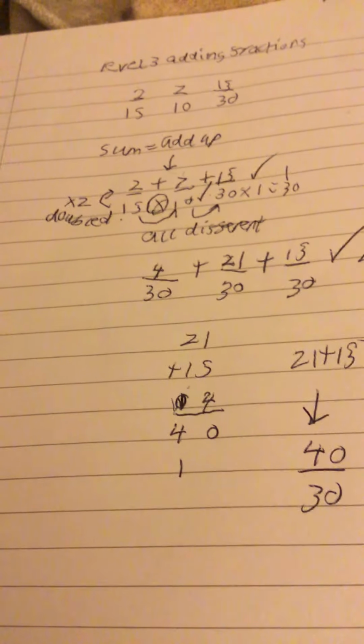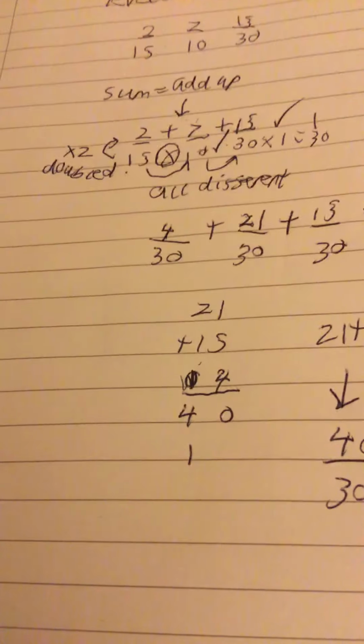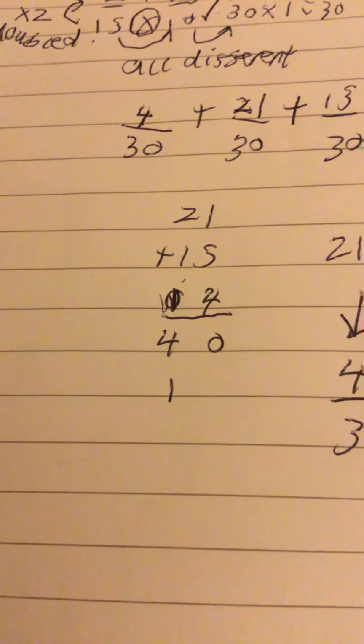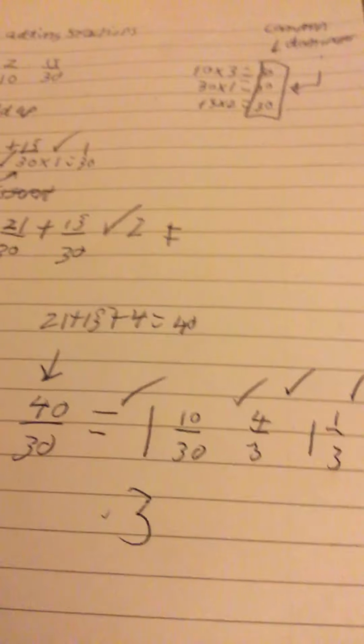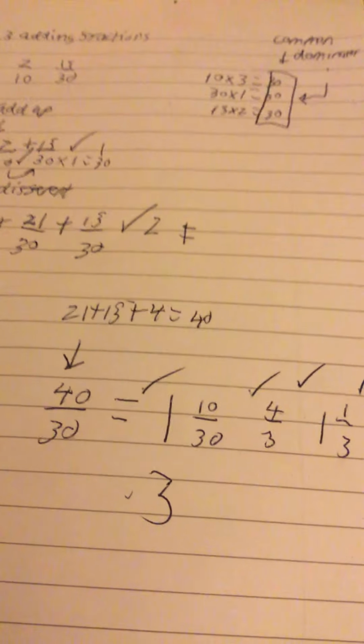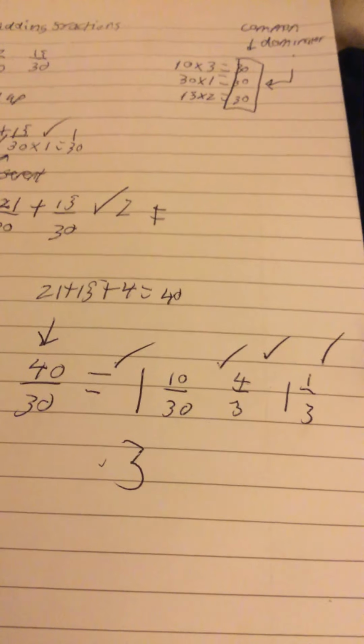My preference is the column method, so I've used the column method to actually present the answer. Or you can just do it mentally: 21 plus 15 plus 4 on its own. Well, that's 40.